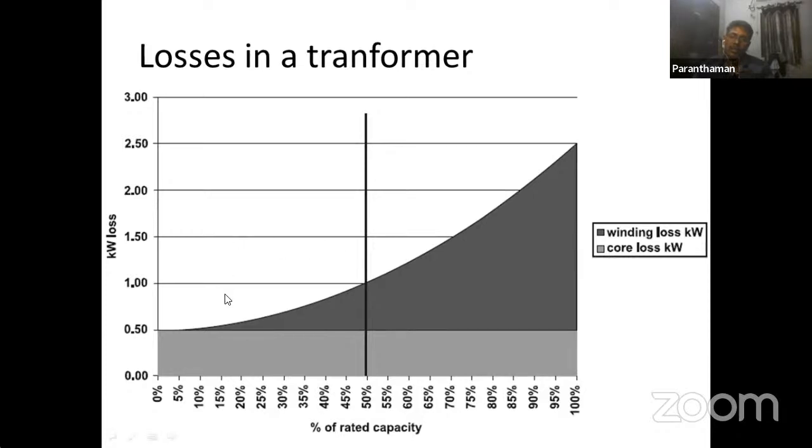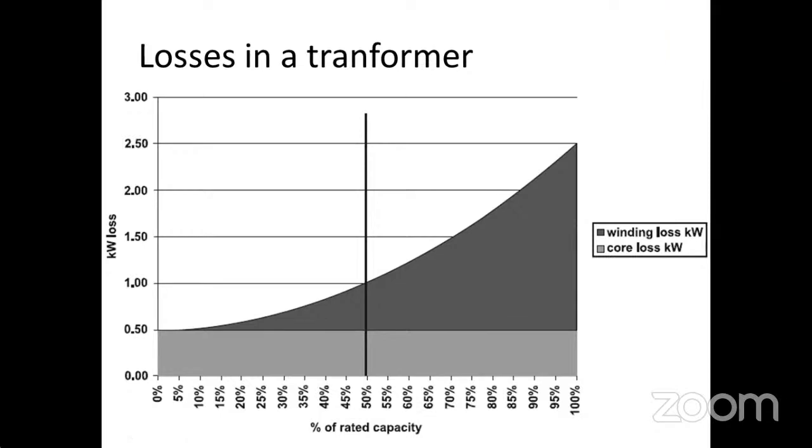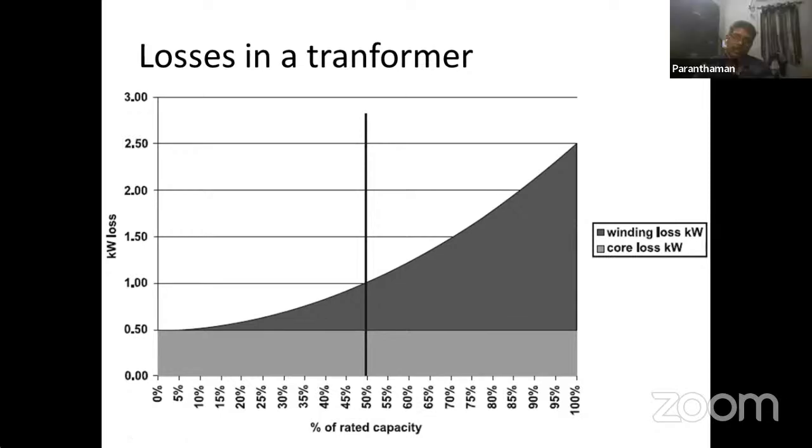Why is this a curved shape, sir? Do you understand why it is not a straight line? Why is it going like a parabola? When current increases, the loss also increases. Yes, sir, directly proportional. No, sir, I am asking why it is not a straight line, why it is a curve.